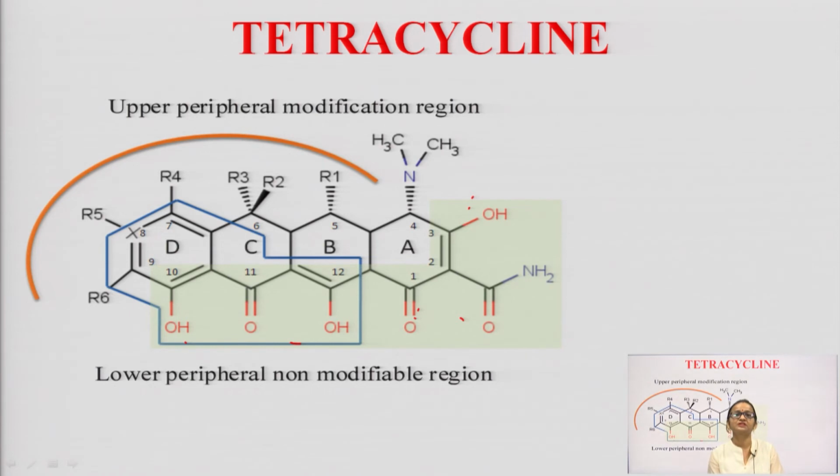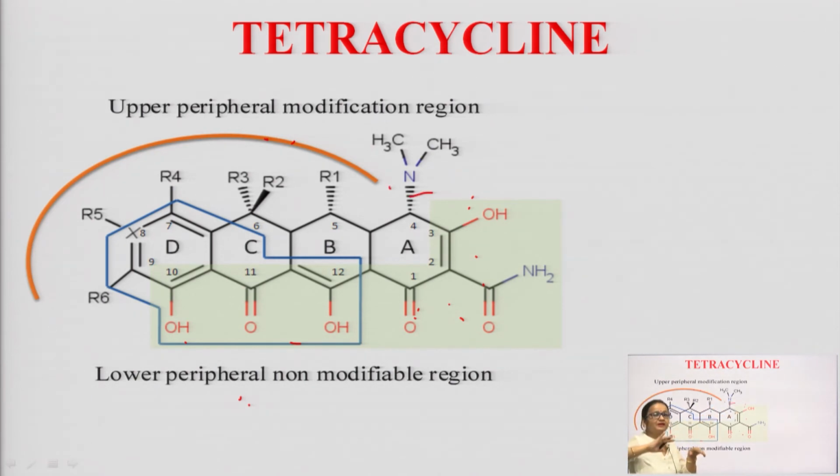And now in the structure of tetracycline, what are the different things which bind with the 30S ribosomal subunit? These are the things: ketoenol, CONH2, these all are important, and substitution can only be done in the upper peripheral modification region. The things are not such that if you rotate this structure clockwise, the upper region becomes lower and lower becomes upper. So you say no, now it becomes lower, so it will not be allowed to modify. No, the modifiable region is where this dimethyl amino group is.